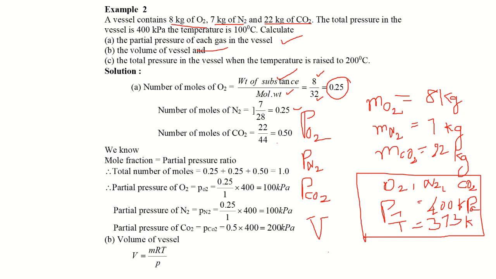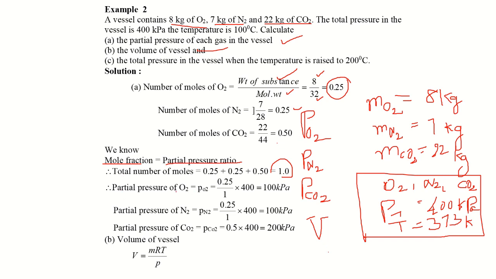So we have already proved mole fraction is equal to partial pressure ratio. Total number of moles is 0.25 of oxygen, 0.25 of nitrogen and 0.5 of carbon dioxide, which gives 1. So mole fraction of oxygen is 0.25 by 1, nitrogen is 0.25 by 1, and carbon dioxide, mole fraction or volume fraction, is equal to 0.5.